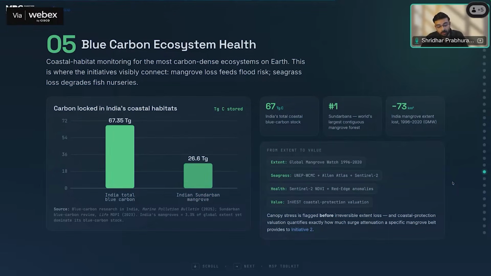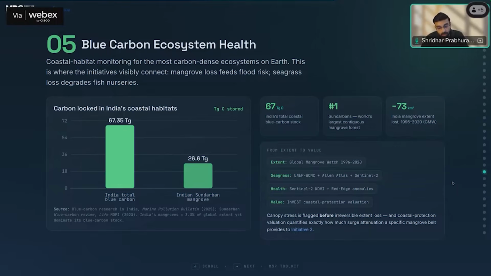So in order to quantify the blue carbon stock, we first want to identify where the mangroves are present and where the mangrove losses are happening. Any kind of mangrove loss or seagrass loss largely remains an irreversible loss, and the coastal protection is gone forever.